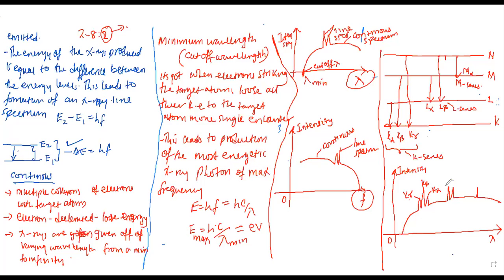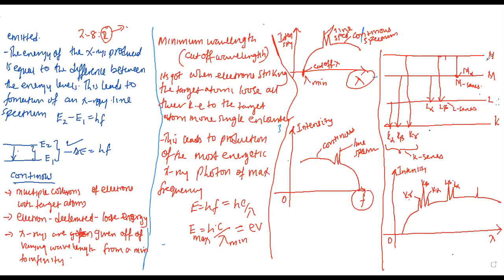Now look at this one. Let me illustrate using the second one. When a transition is made from the N energy level to the L, the line produced is the L beta line. So the L beta line is this one here, the first line. Then when a transition is made from M to L, we get the L alpha line.